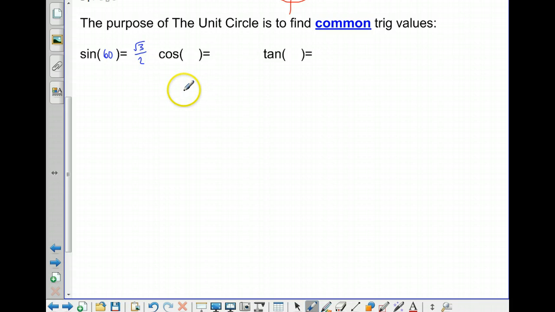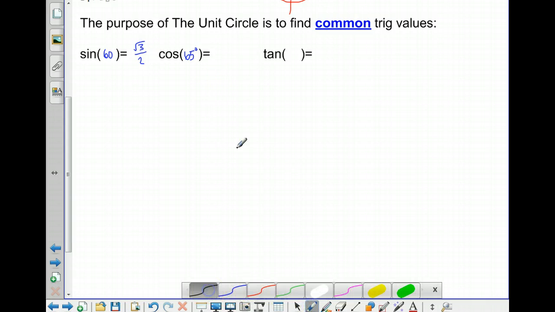Square root of 3 over 2. But if I asked for cosine of 65 degrees, what would that be? So the unit circle cannot help us with that. It can a little bit. It can at least help us estimate it.